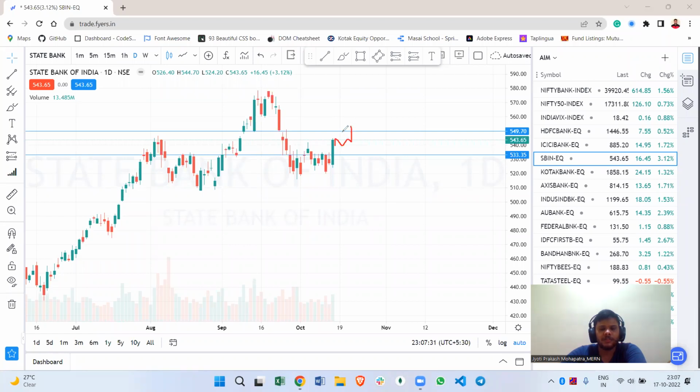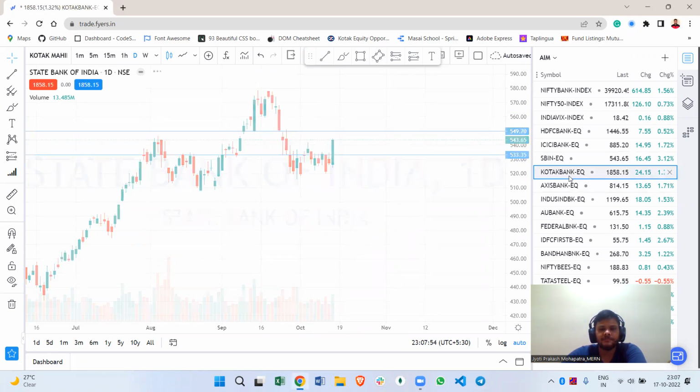If it opens around 540 or 543, then if it closes above 544, then you're going to take a trade for buying, and your target will be 550 first. And if it closes above that 550, then your next target will be 560. For the negative scenario, if you want to sell State Bank, you need to wait for it to close below 535.